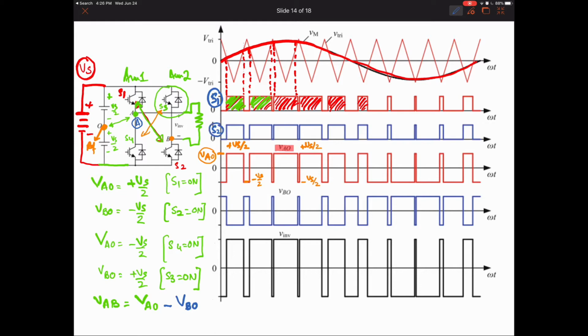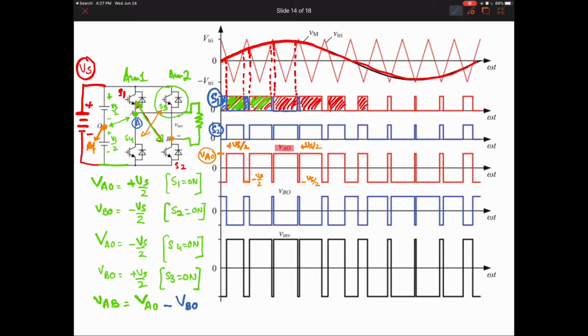Both are the same. The pulses for switches S3 and S4 will be complementary, the inverted version of these two. It will be like this. So the inverted version of the gate pulses of S1 and S2 are applied to switches S3 and S4.